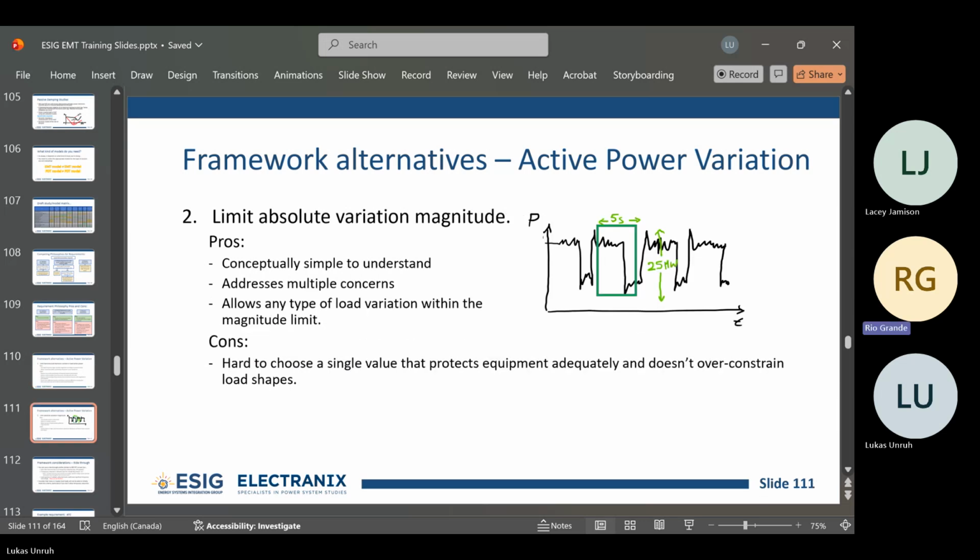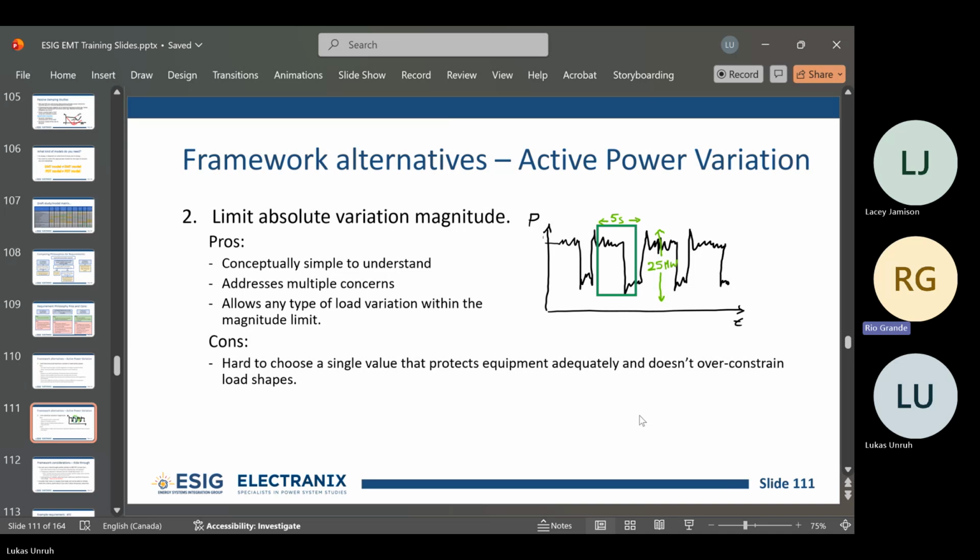Another alternative framework is to just set an absolute limit on the magnitude of the variation. So, for example, here you could set a variation limit of 25 megawatts in 5 seconds, and then you can just draw a box like this and move it around on the load profile. If the variation ever goes outside the bounds of the box, to the top or bottom, then they are not meeting the variation criteria.